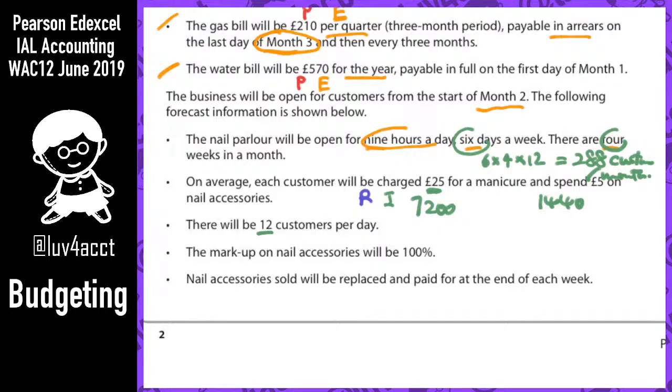Okay, so for receipts, you start from month 2, you will have these receipts, 7,200 and 1440 for each month. Okay, for income, be careful, there are only 11 months of business because there's no business in month 1.